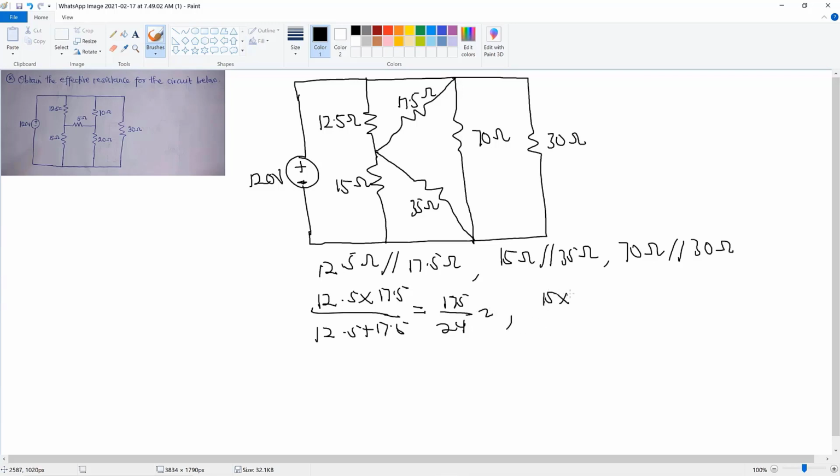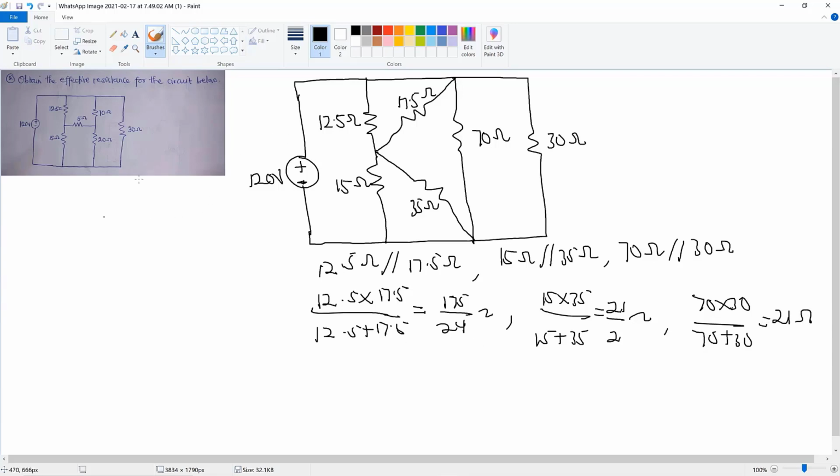Now 15 times 35 over 15 plus 35 will give us 21 over 2 ohms. Then 70 times 30 over 70 plus 30 will give us 21 ohms.